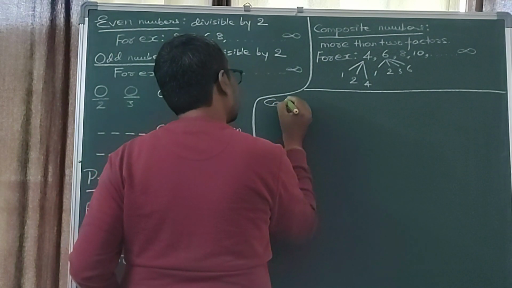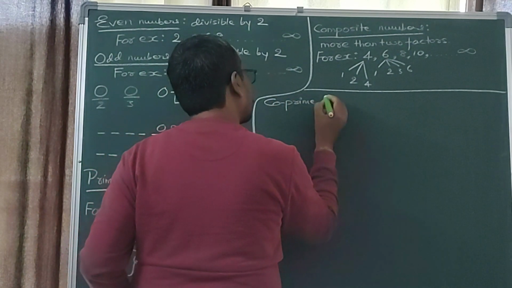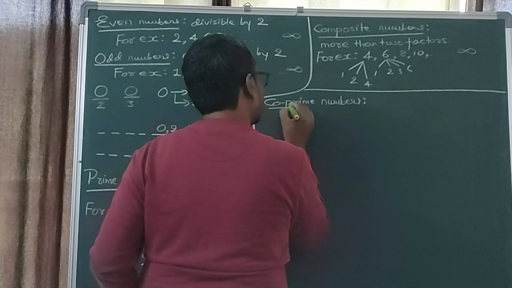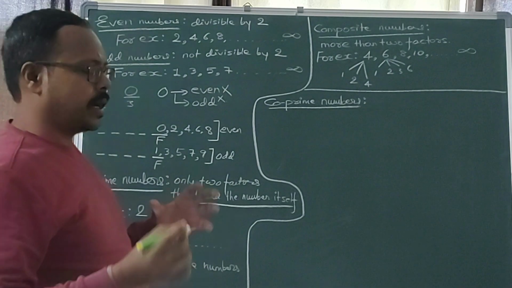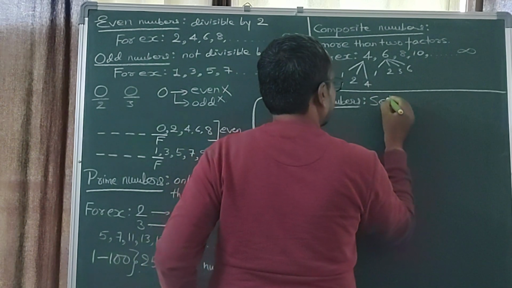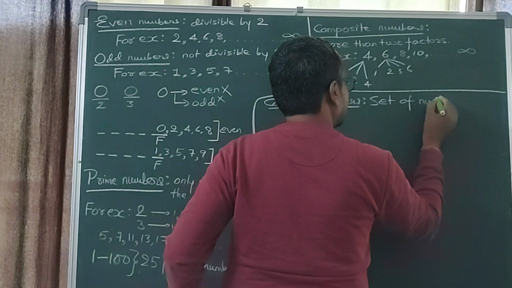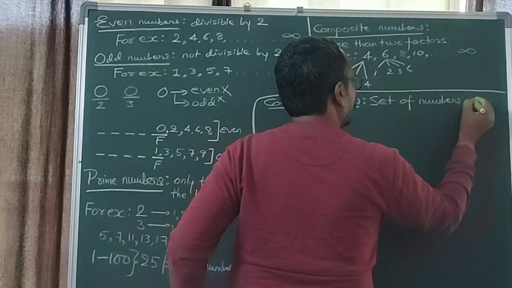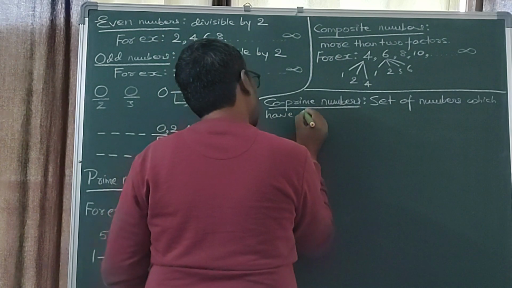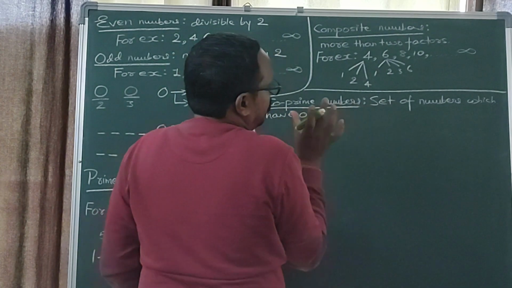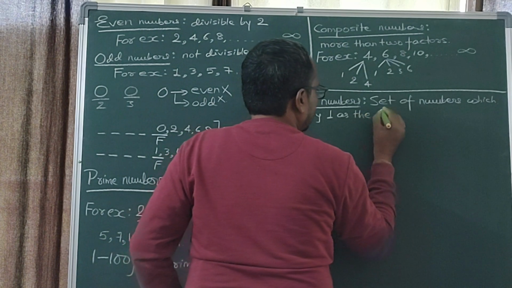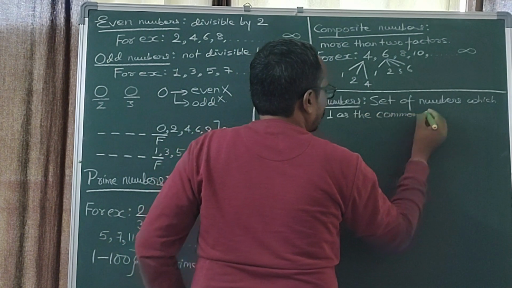So now we will talk about co-prime numbers. What are co-prime numbers? Co-prime numbers are a set of numbers which have only one as the common factor.